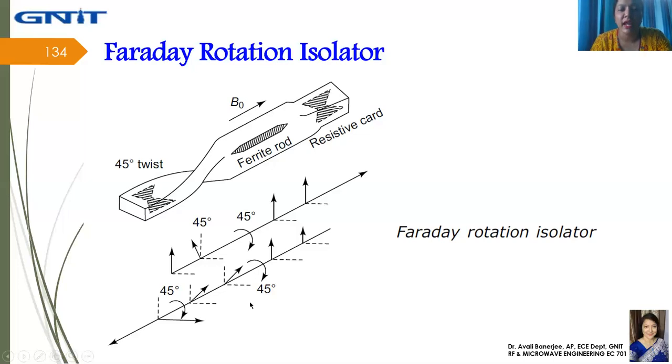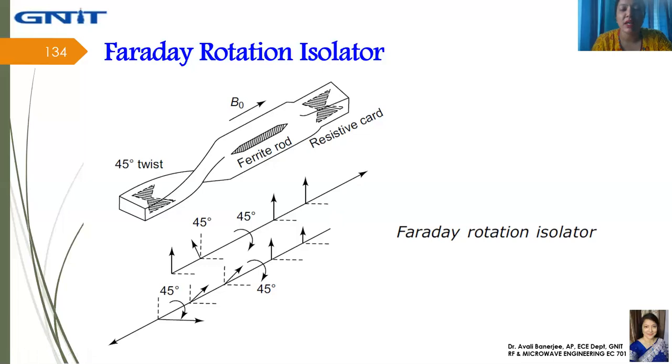So on emerging through the 45-degree twist it becomes aligned with the surface of the absorbing plate and gets absorbed. Thus the non-reciprocal isolation takes place.